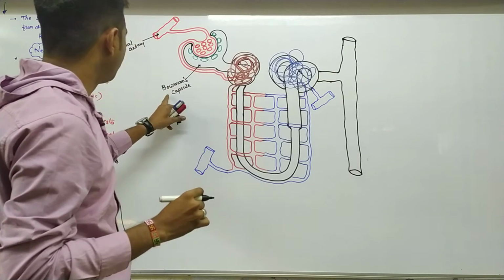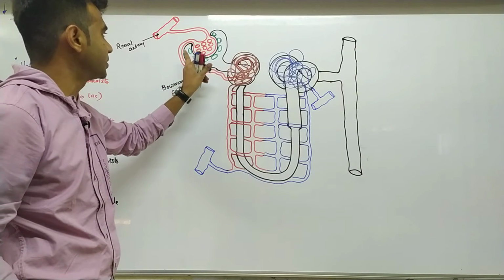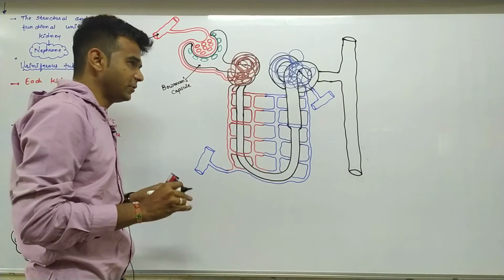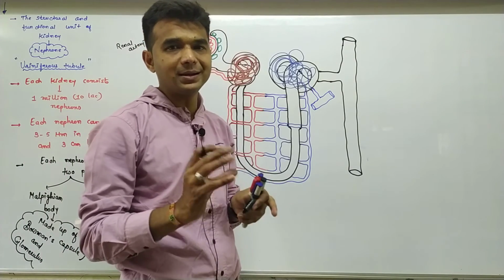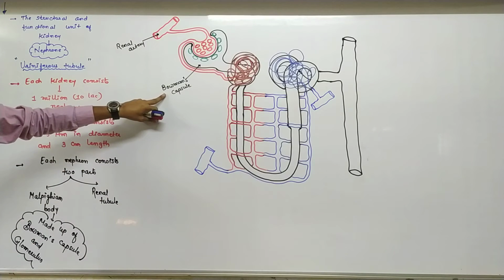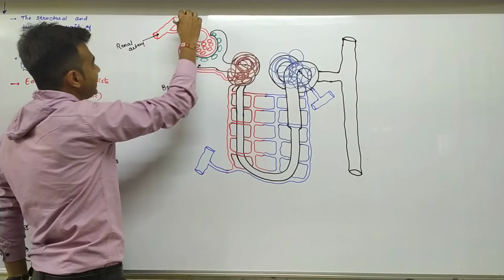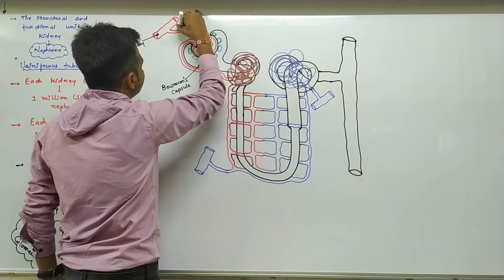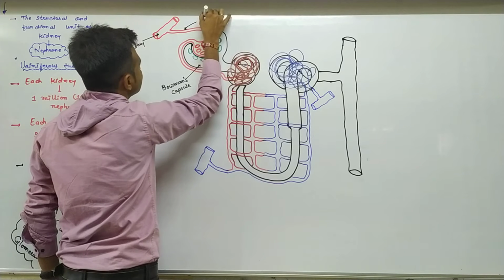You know that the Bowman's capsule is a double-walled cup-like structure. At the beginning of the nephron there is a double-layered cup-like structure, and this is known as the Bowman's capsule.